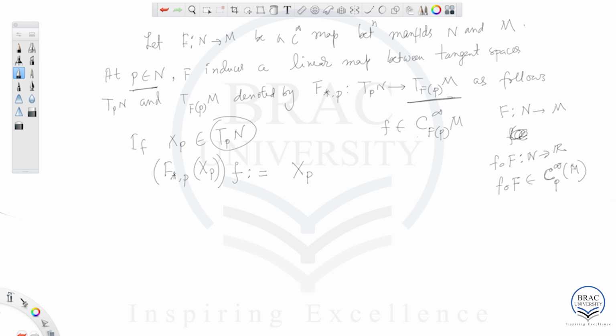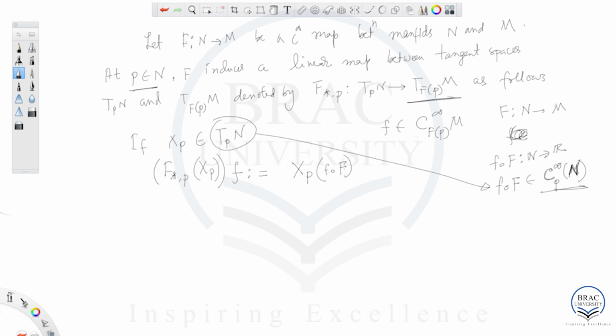It should be N. So it needs to be corrected in the note as well. It should be N. So good, X_p is acting on this function here, right? Which makes sense.